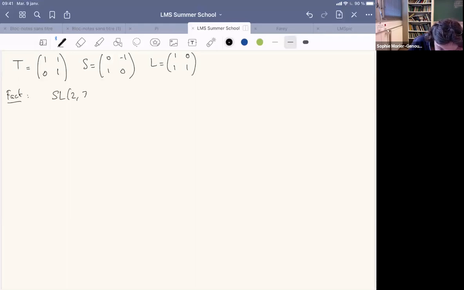SL2Z is generated by either T and S, or T and L, or L and S. I will only need L and T.